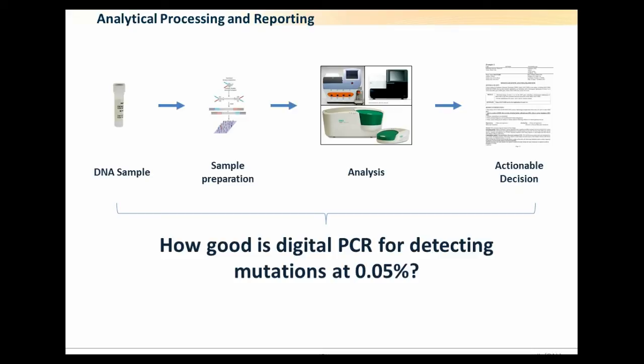Then based on these results, we blend our DNA to form the different DNA blends that you see here. Once we establish the copy number with a high frequency of mutant copies, we go down and further blend our samples with wild type to reach the very low allelic frequencies.